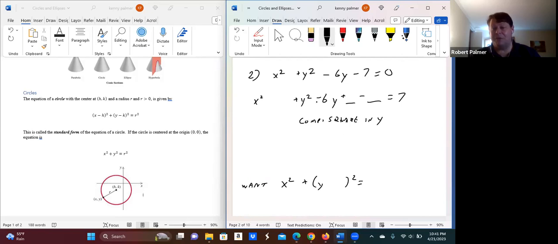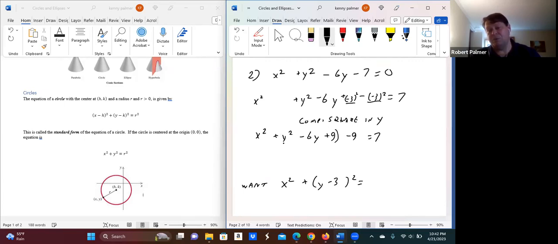Okay, so let's do the same thing. Once again, take half of this, which is going to be -3, and that's what I square, what I add and take away. And then that's what I put right here, -3. And then we have x squared plus y squared minus 6y plus 9, then minus 9 equals 7.